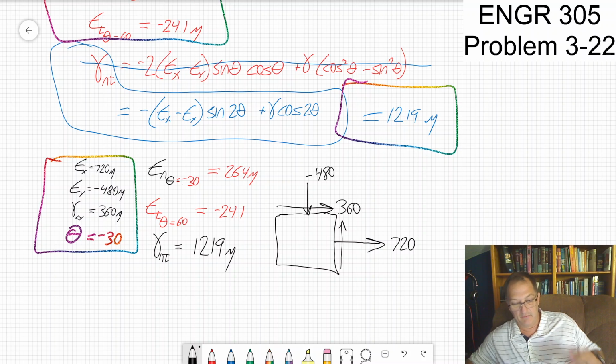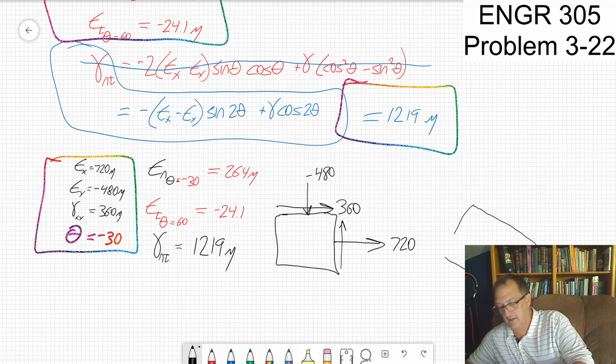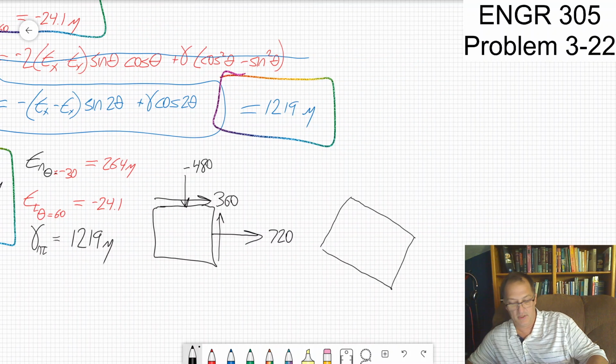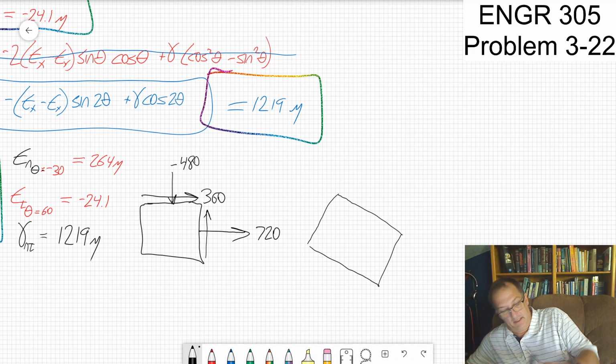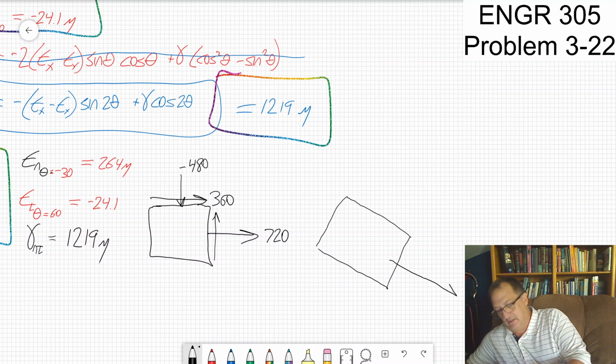All right. And then I redraw this. And I am going down 30 degrees. So I'm going to draw that, and that, and that, and that. And I do that right behind my picture. Slide that over. So now in the minus 30 degree direction, that's 264.